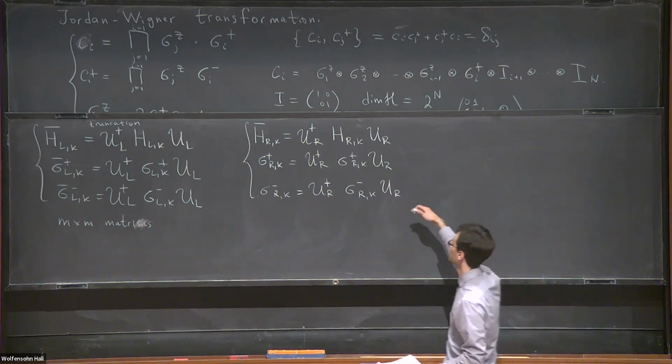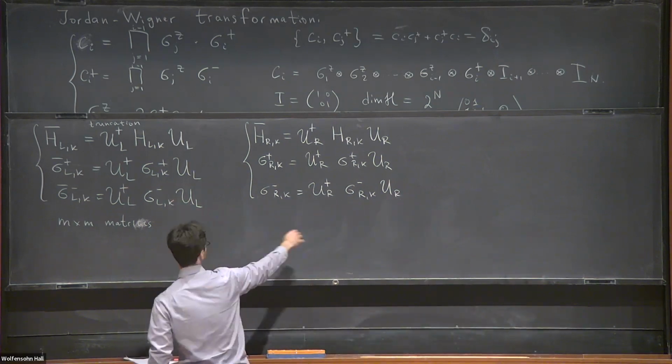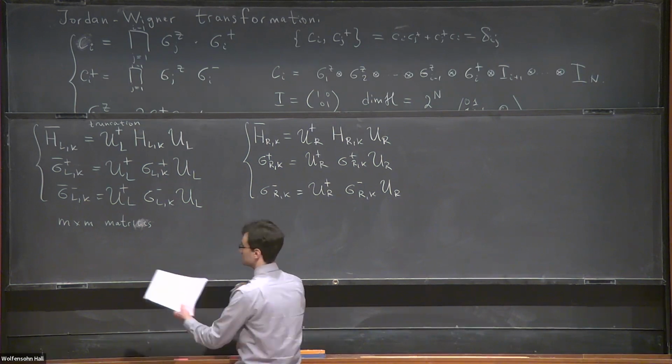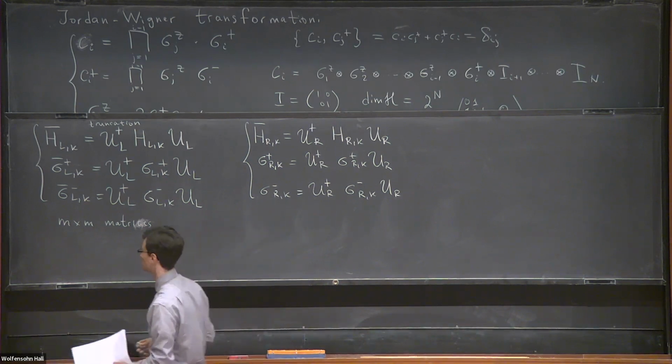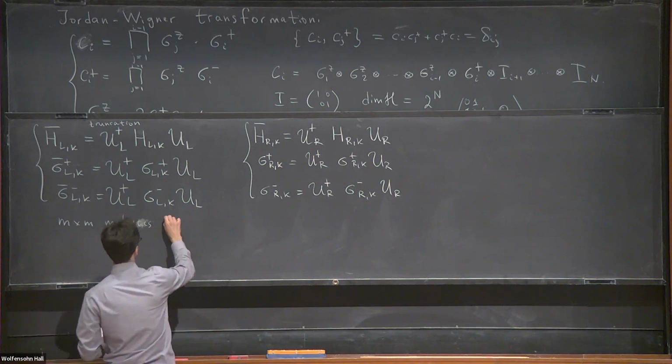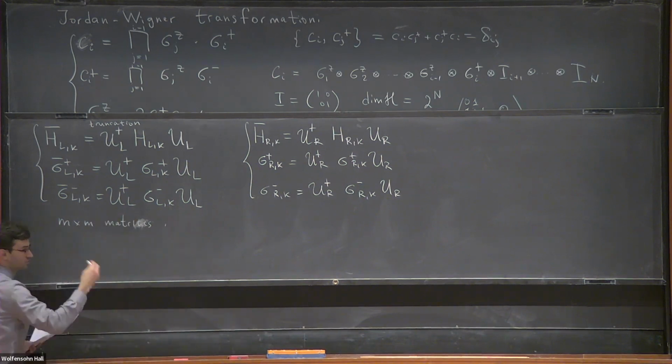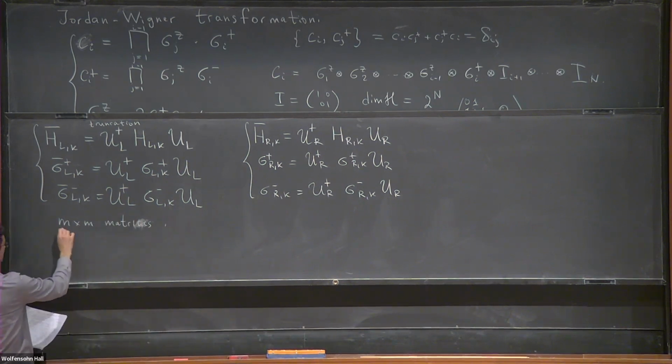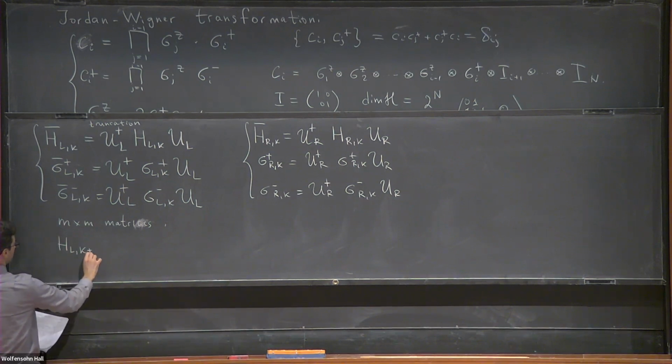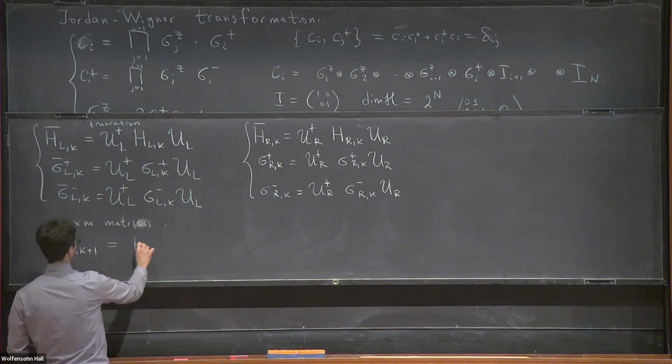Okay, so now I did this truncation by this matrix U, and I can continue building my block. So now I just continue this procedure. I can build the k plus 1 left Hamiltonian using this truncated block.